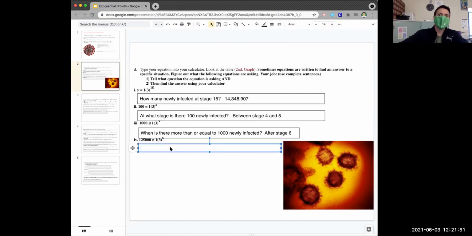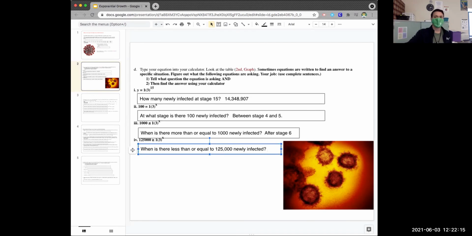So we would write when is there less than or equal to 125,000 newly infected? When is our equation smaller than that number?